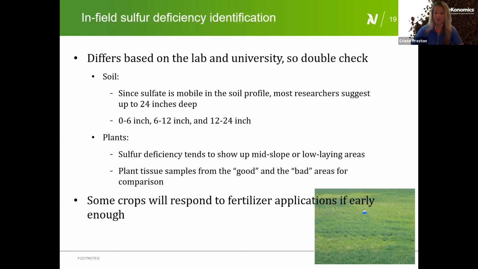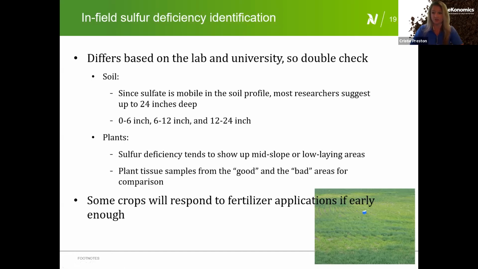If we've got this field down here in the right-hand corner, you can see areas of chlorosis, this yellowing, then you've got areas of dark green. If I walk up to this field, what do I do? You can take soil samples. Again, this is not to make nutrient recommendations or anything like that.